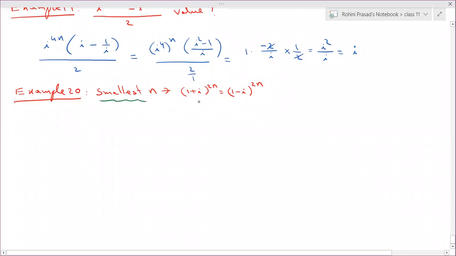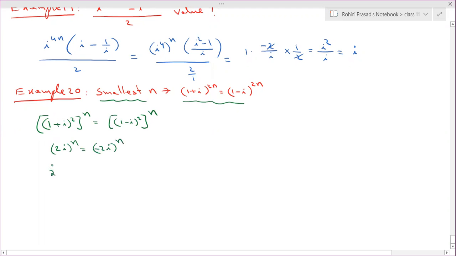The smallest n such that this equation is true is pretty simple actually. You can write (1 plus i) the whole square, the whole power n, equal to (1 minus i) the whole square, the whole power n. So (1 plus i) whole square is 2i actually. You can just expand using (a plus b) whole square; 1 and i square get cancelled and you remain with this. Whole power n equal to (minus 2i) the whole power n. 2 power n into i power n equal to (minus 1) power n into 2 power n into i power n.